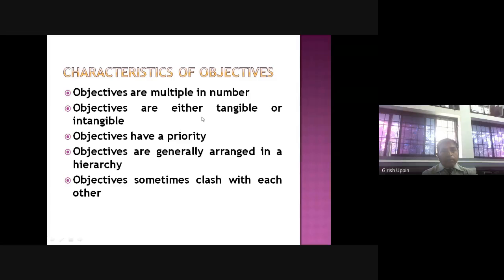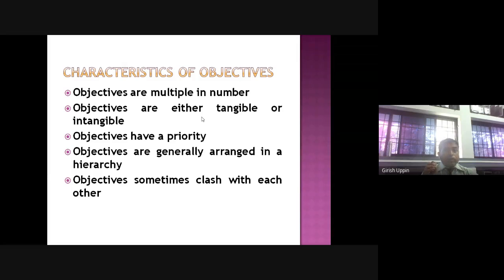An example of a tangible one: a particular university wants to admit 100 students, so the objective is 100. Another example is an organization with an objective to increase sales by at least 20%. There is a number, and at the end of that year we can measure whether sales increased by 20% or not. Those are the tangible objectives.